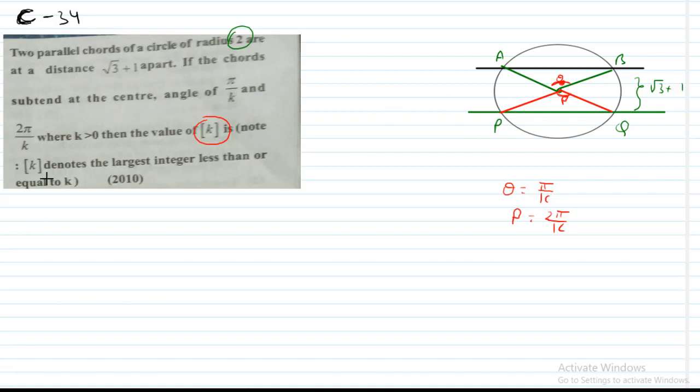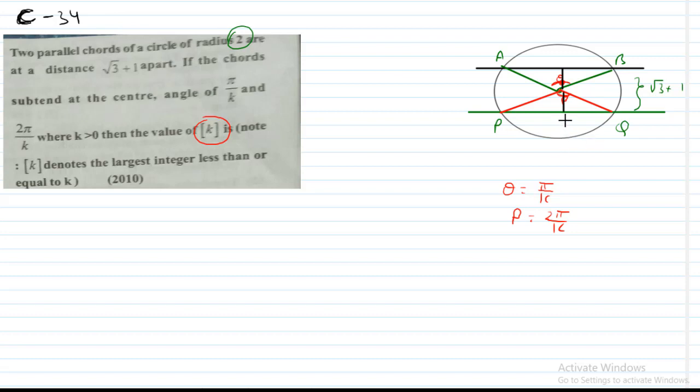Construction: through the center, draw perpendicular on both the chords. Through the center of the circle, draw perpendicular on the first chord. Through the center of the circle, draw perpendicular on the second chord.